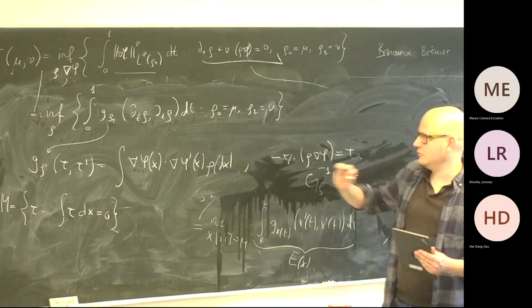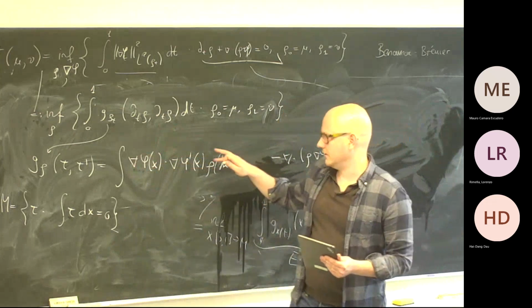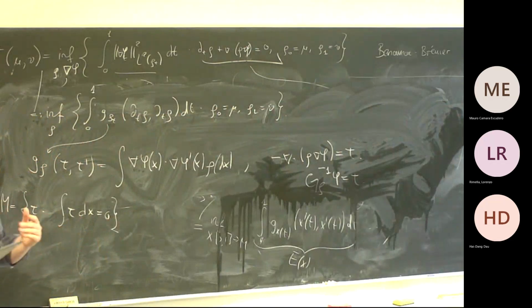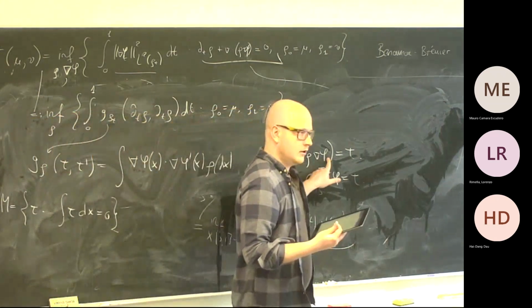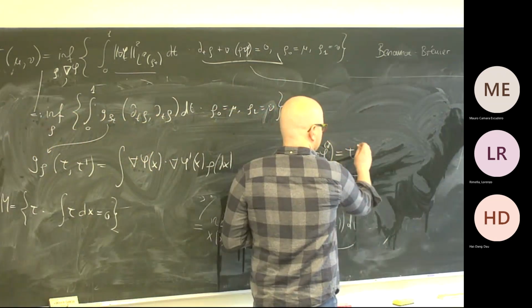So if you've got two changes in the density and you want to compute the inner product, which kind of tells you the angle between these changes, right, in this geometry, then you have to first of all solve this equation for two. So there can be primes here, right?